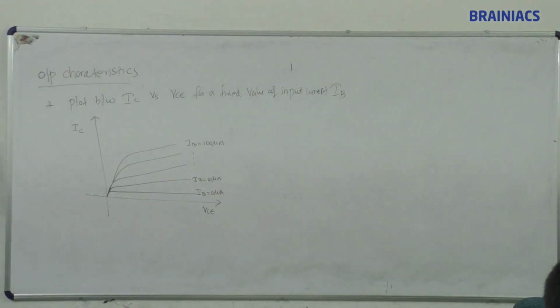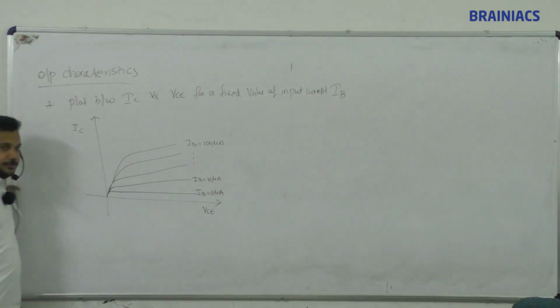Output characteristic is the plot between output current and output voltage for a fixed value of input current IB.